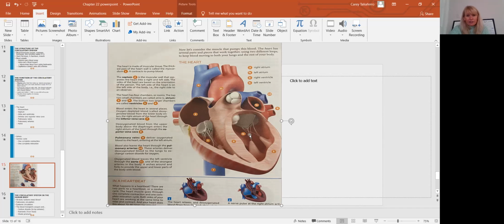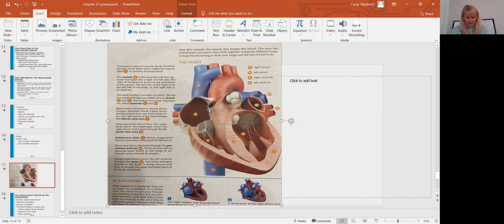So the left and the right atria, up here, the upstairs chambers, contract first.